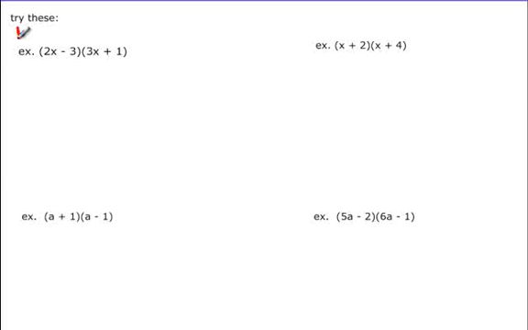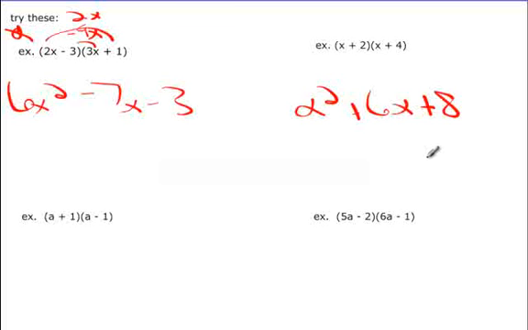Alright, we're going to give these a try. So we're going to pause the video now and start it back up once you've tried them, and I'll give you a couple answers as you go here. Alright, if you want to check the first two, here's the first two for you.